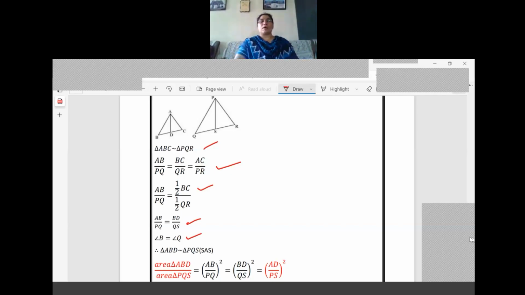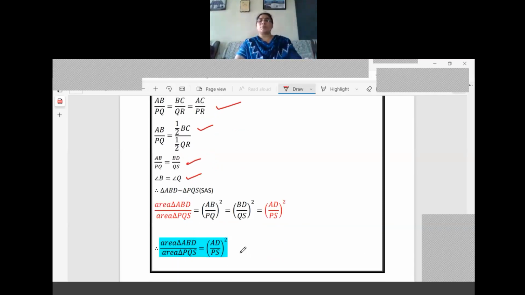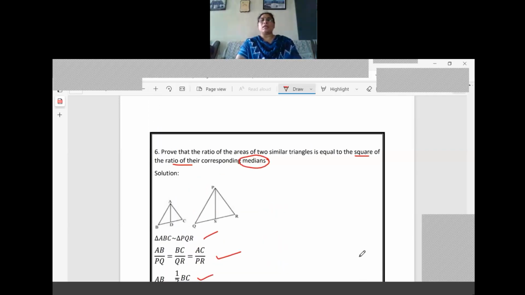One similarity we have proved, so we can take the corresponding sides squared: AB by PQ whole square, BD by QS whole square, then AD by PS whole square. Which is required? Median only, so the third ratio we have taken. Once again, we know by the theorem that when two triangles are similar, the ratio of areas is the square of the ratio of their corresponding sides.